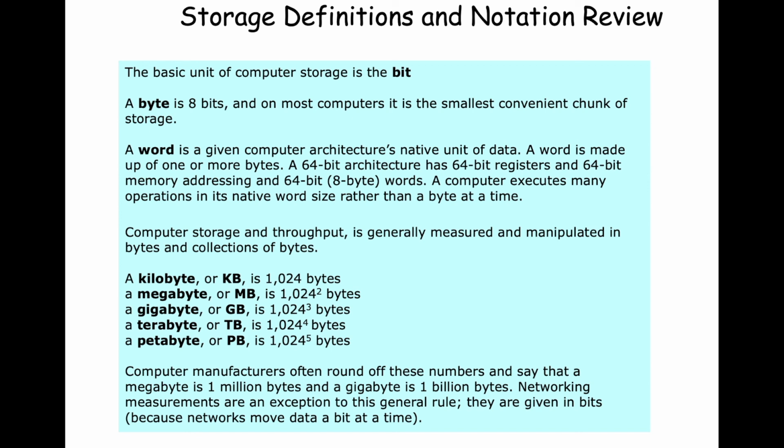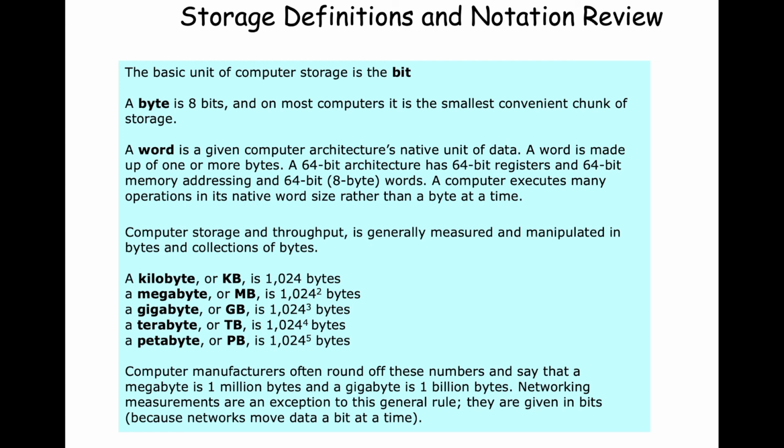So when you talk about a 500 gigabyte hard drive, that's 500 of these 1024 cubed bytes. A terabyte is 1024 to the 4 bytes. And lastly, a petabyte, or PB, is 1024 to the 5 bytes, where 1024 is 2 to the 10. So we have 2 to the 10, 2 to the 20, 2 to the 30, 2 to the 40, and 2 to the 50 power.